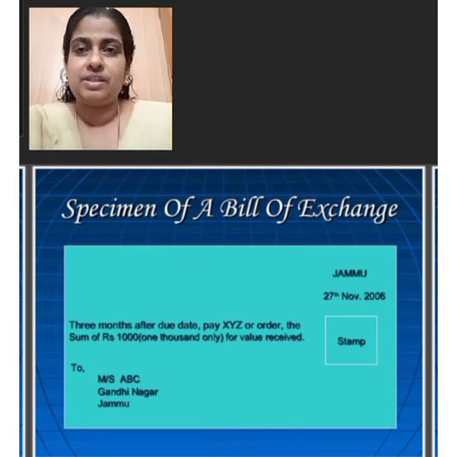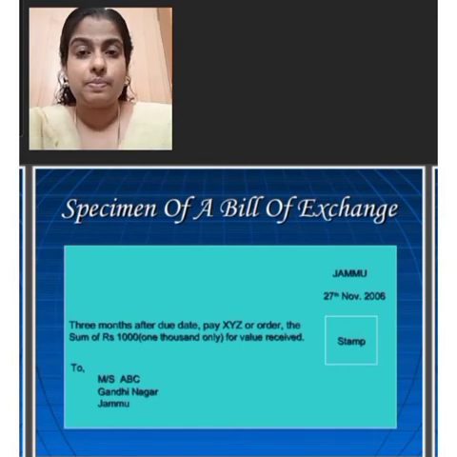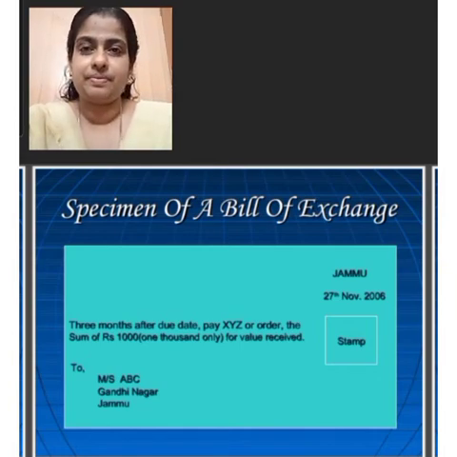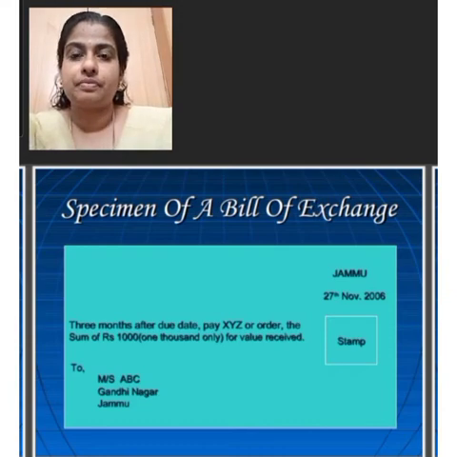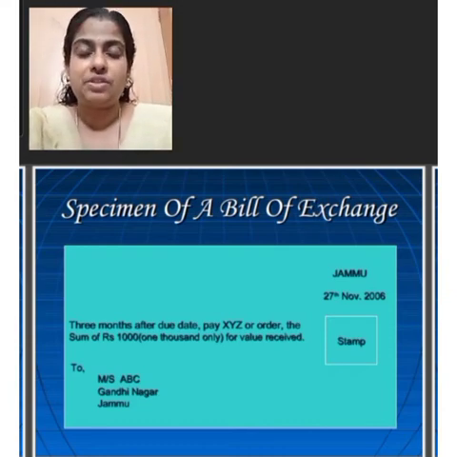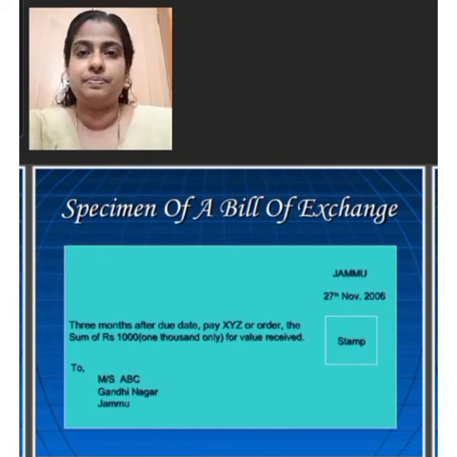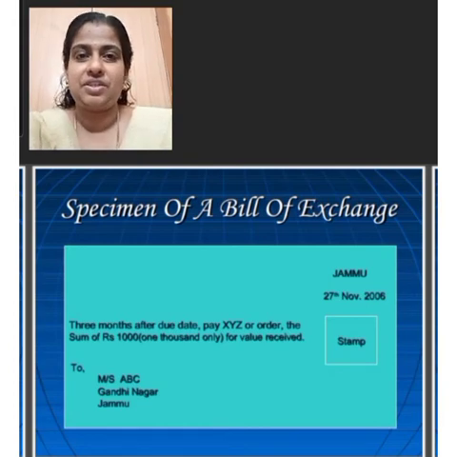The important features of bill of exchange are: a bill of exchange must be in writing. Then it is an order to make the payment. Third point is, the order to make the payment is unconditional. The maker of the bill of exchange must sign it.